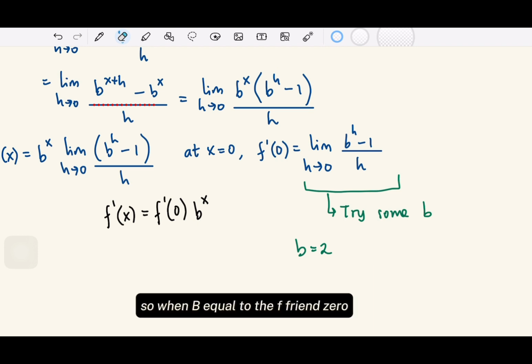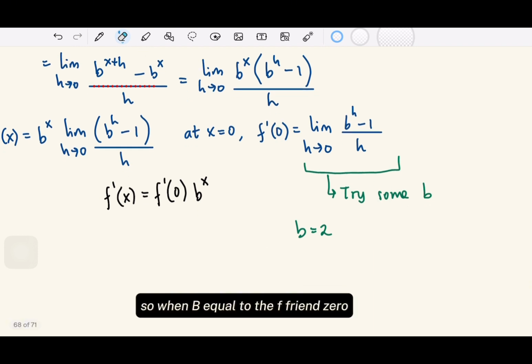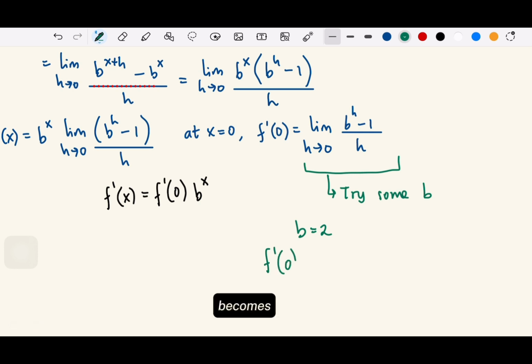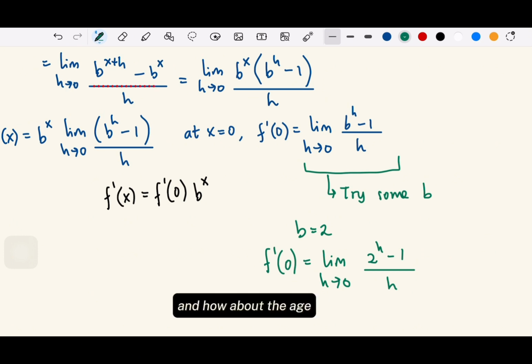So when b equal 2, the f prime 0 becomes this. And how about the h?